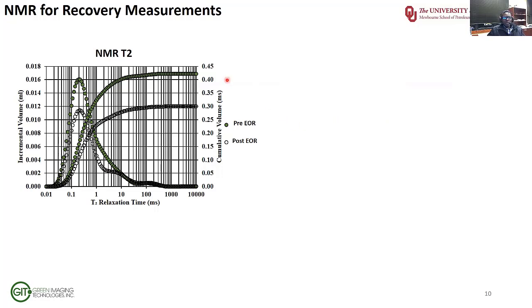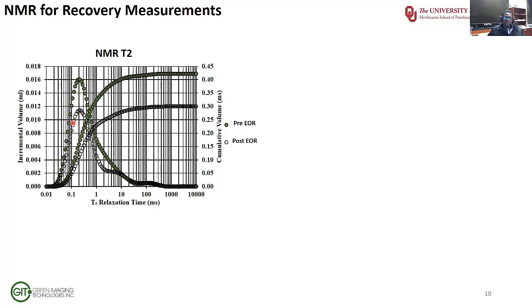And so what we are looking at over here are NMR T2 distributions. The green circles represent the NMR T2 distribution pre-EOR, before we did any EOR measurements. And the hollow circles represent the post-EOR measurements.